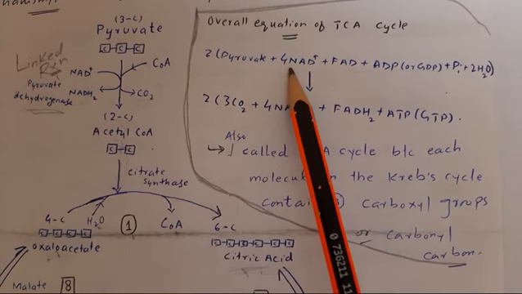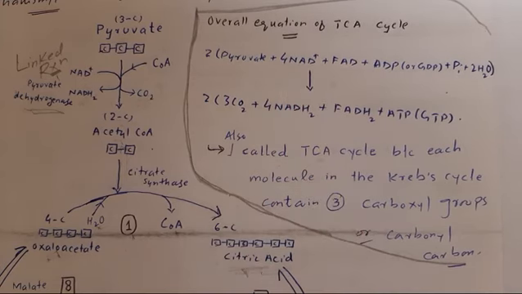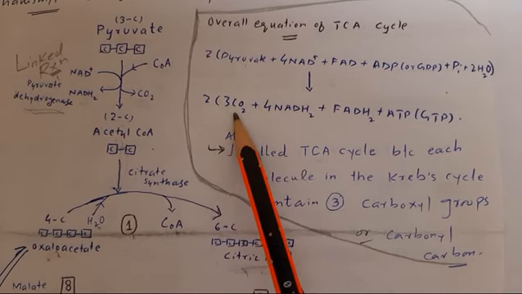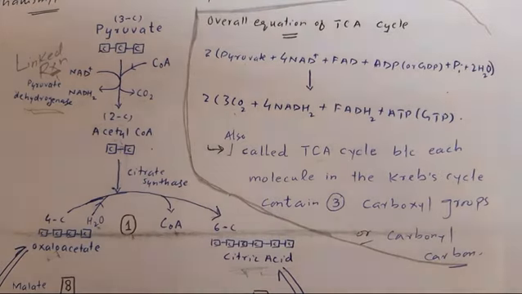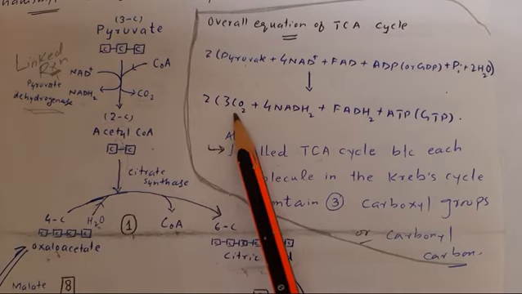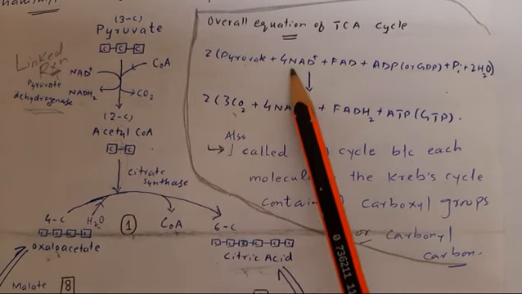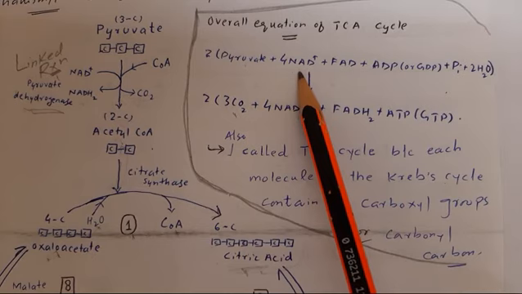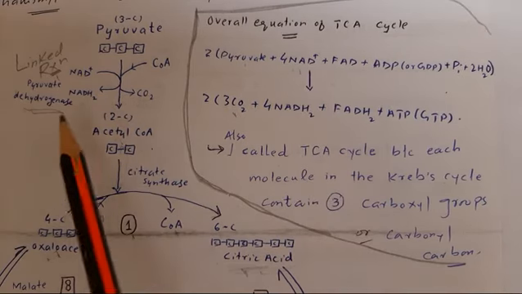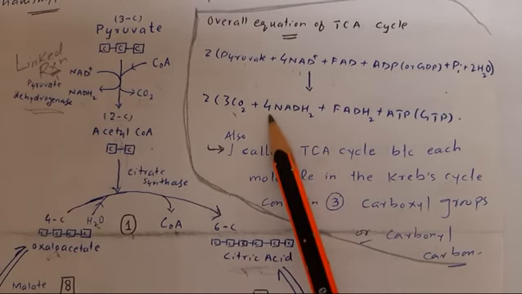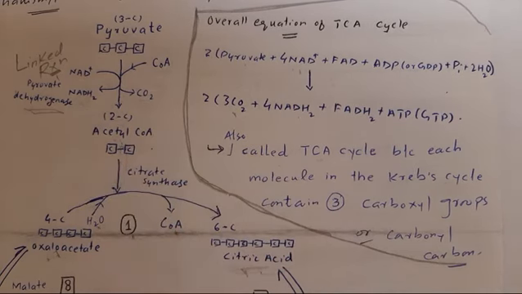These pyruvate molecules are oxidized into 3 molecules of carbon dioxide. 1 carbon dioxide is produced in the link reaction, while 2 carbon dioxide molecules are produced in the Krebs cycle, right? 4 NAD molecules are reduced into 4 NADH2. 1 NAD is reduced in the link reaction, and the 2nd and 3rd NAD are reduced in the Krebs cycle, that is, in steps number 3, 4 and 8.